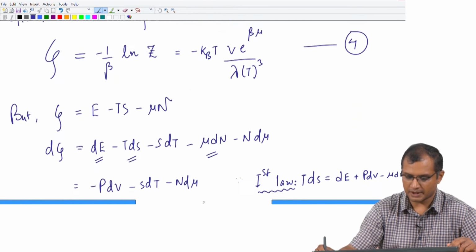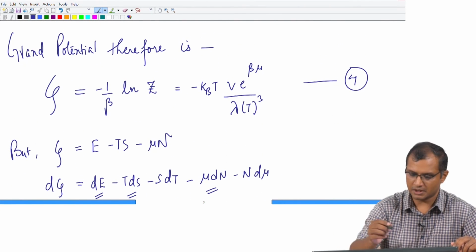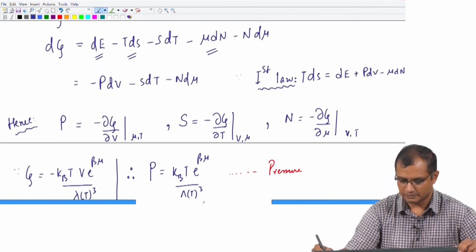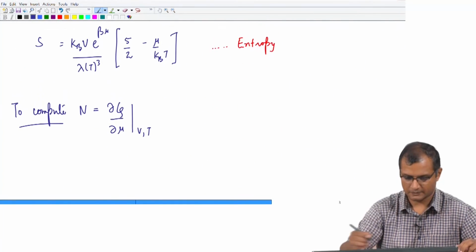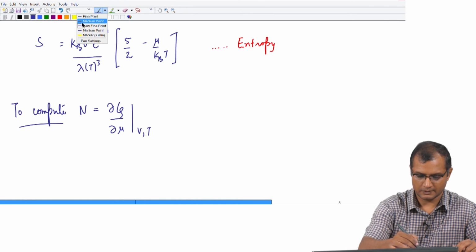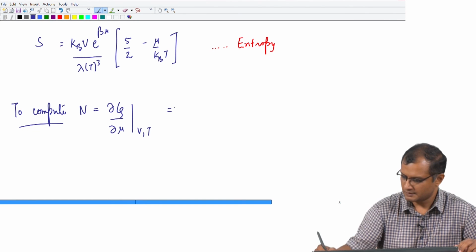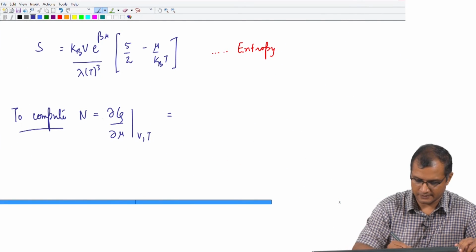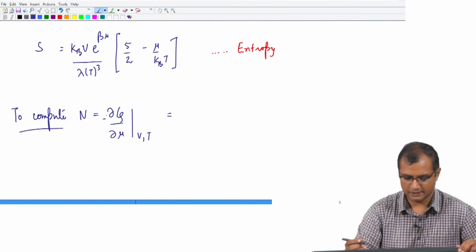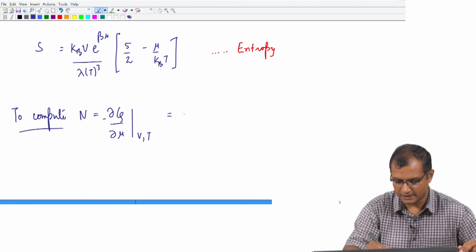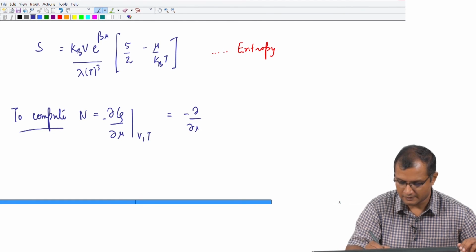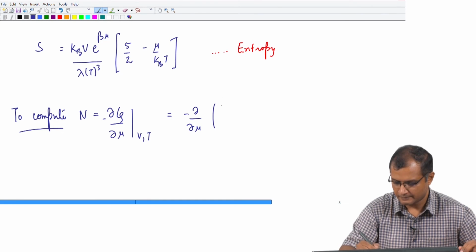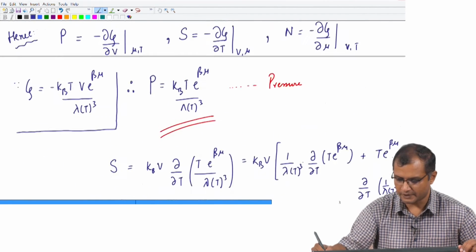let us just look at this expression for G, which is minus kT V into, so this is, I believe, the negative derivative, yes. Okay. So, this is basically the negative derivative.